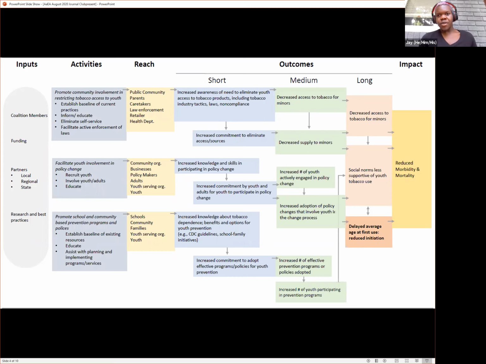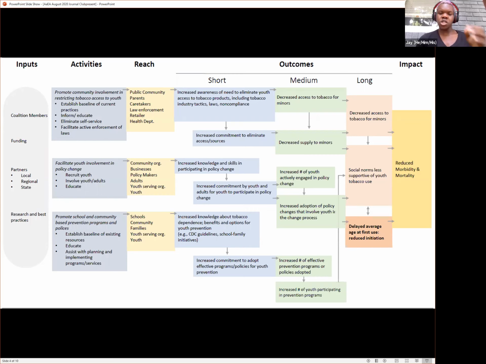I was just going to say, there are two things that this logic model made me think of. One, I really like the inclusion of reach, because when I was originally trained in logic models, it was a very messy discussion about where the audience goes. Are they an input? Are they receiving? How are they incorporated in this logic model?